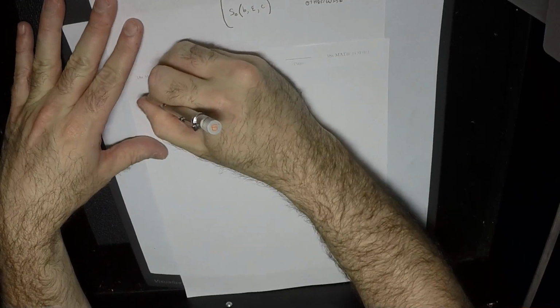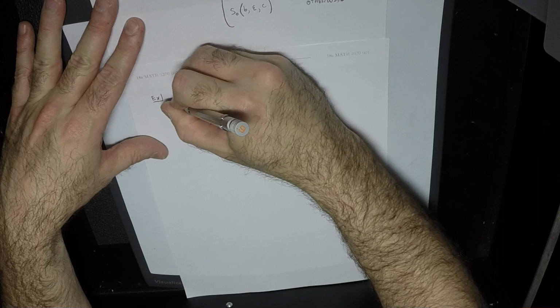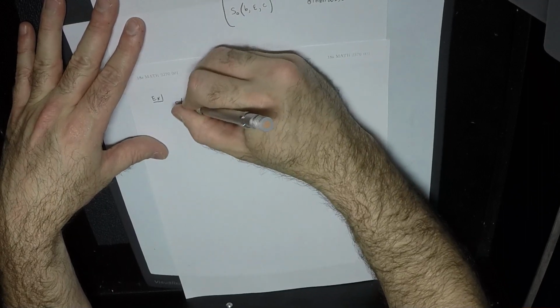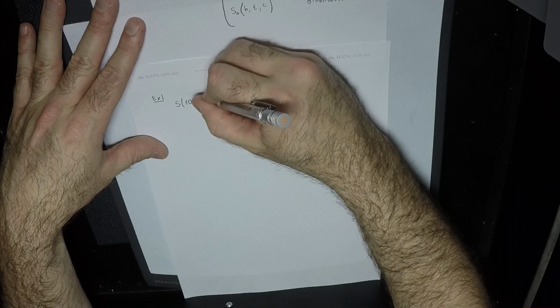Okay, so let's track the state here of this function just so we can see it work. So, for example, let's compute S of something relatively small now. How about 10 and 0.01?